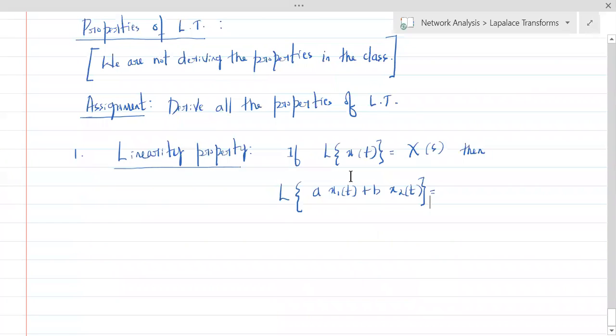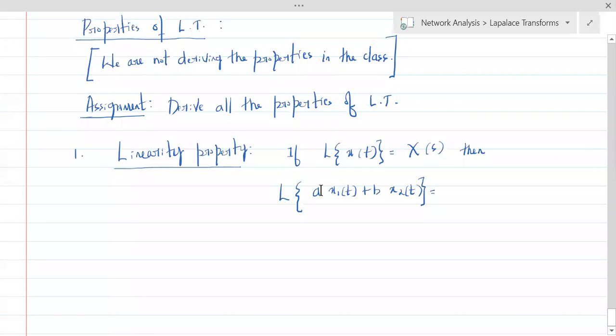So instead of x of t, if we give you the sum of two signals which are scaled, understand that? This is a signal x1 of t, but it is scaled by a constant a, a scalar. If a is greater than 1, then x1 of t would get amplified.